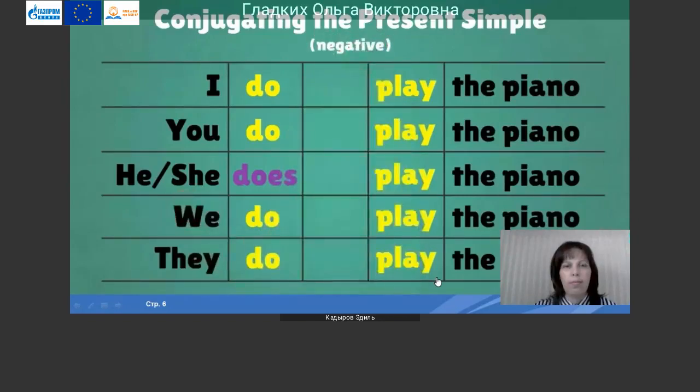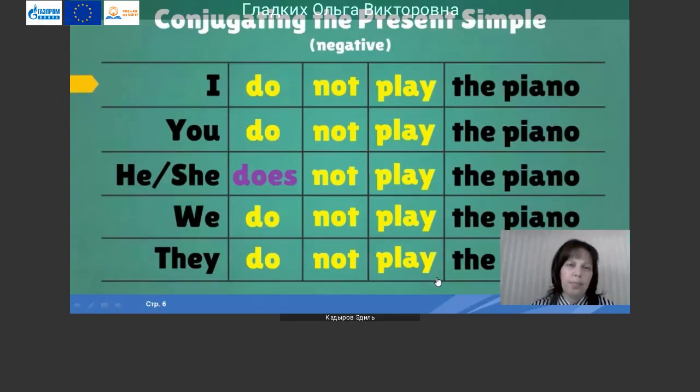Negative. I do not play the piano. You do not play the piano. He does not play the piano. She does not play the piano. We do not play the piano. They do not play the piano.